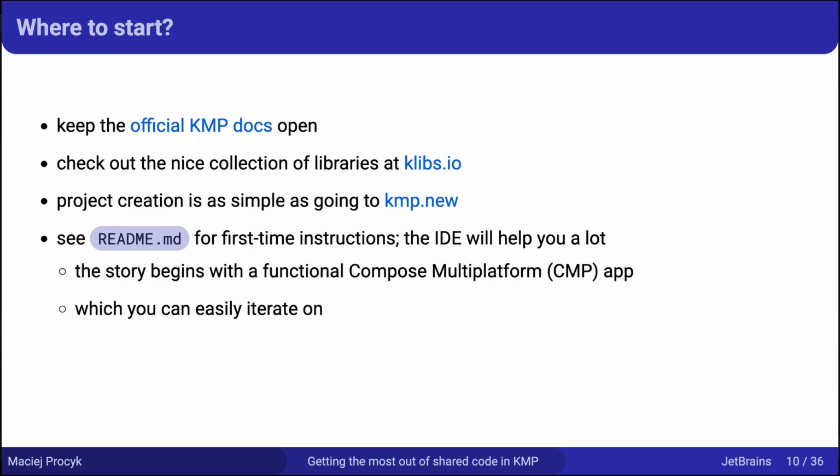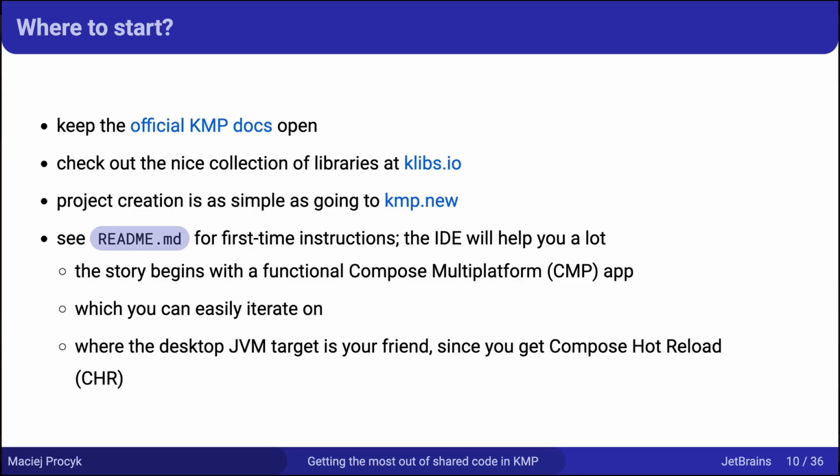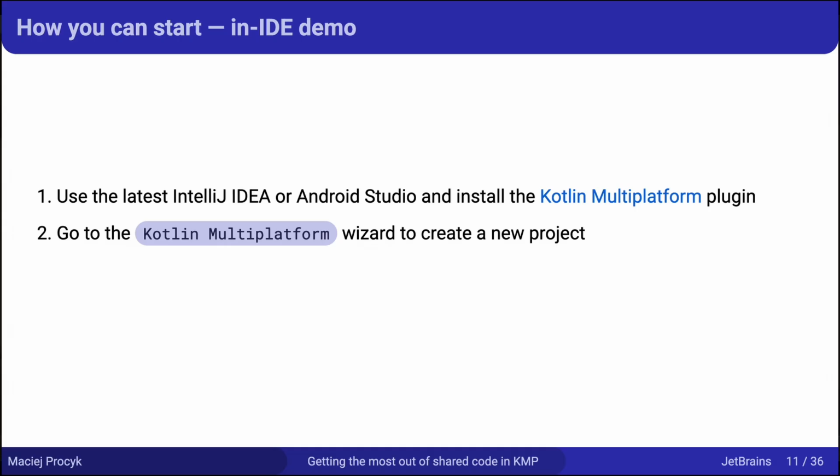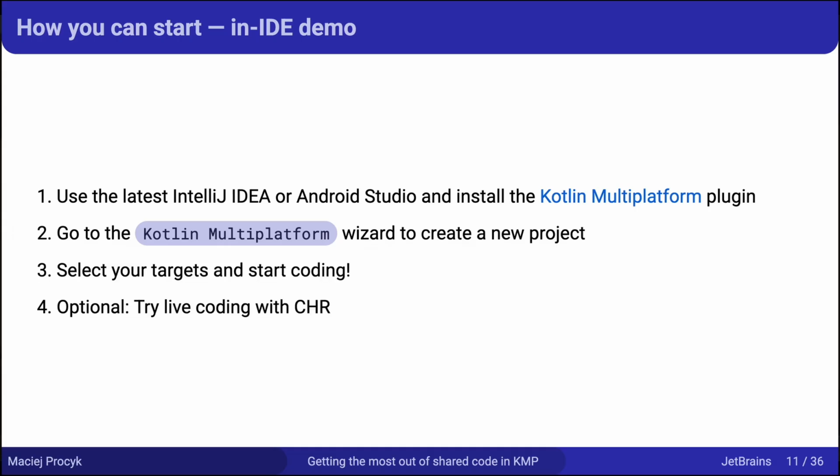And with the quite recent solution, which is Compose Hot Reload, you can easily see live updates of the application and see how your changes in code are being reflected in the running application. And that's what we're going to do during a short demo. We will create such a project, but not from the website, but from the IDE itself, and then try to explore it a bit more with the help of Compose Hot Reload.